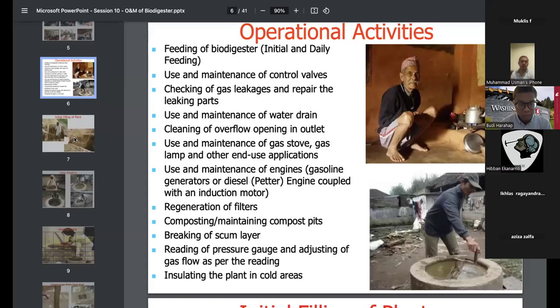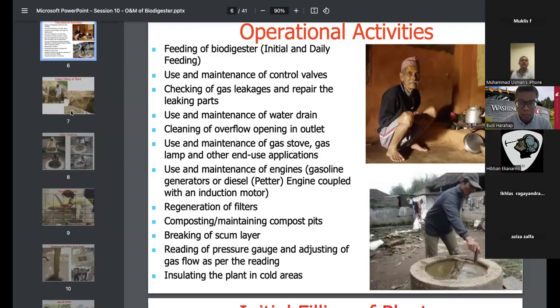They are not using proper gas stoves and gas lamps. Similarly, they are not using proper engines. In the upgradation process, they are not using proper filters. They are not breaking the scum. They are not reading the pressure gauges installed on the biogas plants properly. So these are the common problems. If you keep these problems in mind and construct a biogas plant, I am 100% sure that the biogas story will be successful.